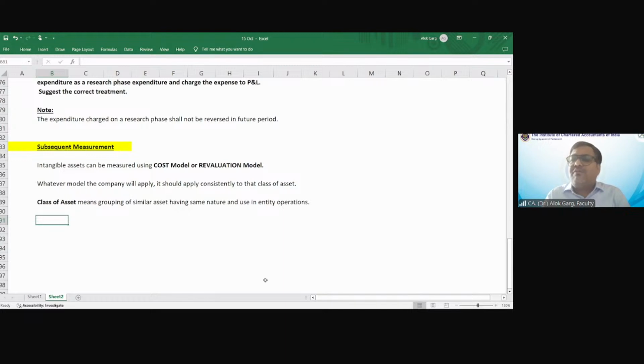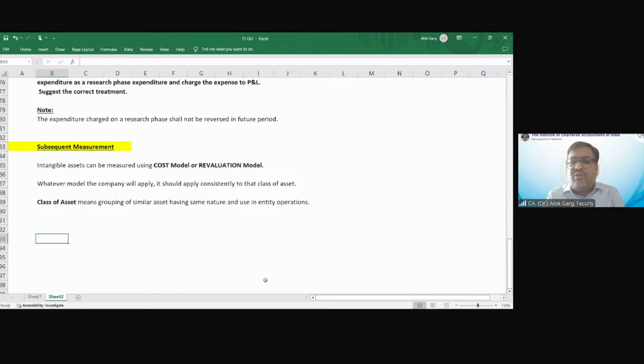So a lot of software is there. All the software have a similar nature and use in an entity's operation, maintaining the data, MIS, books of accounts. So all these different software have been clubbed in the class of software. So class of asset means grouping of similar assets having same nature and use in an entity's operation.